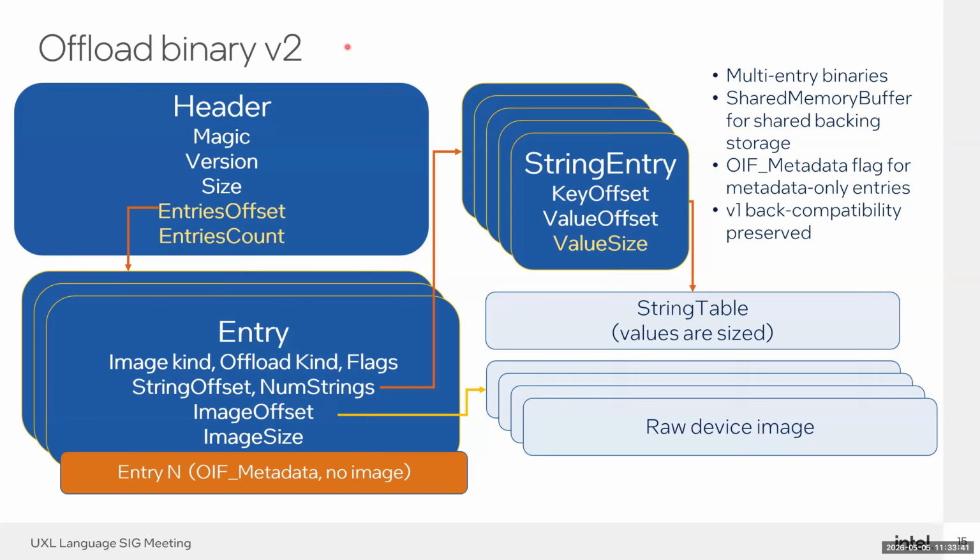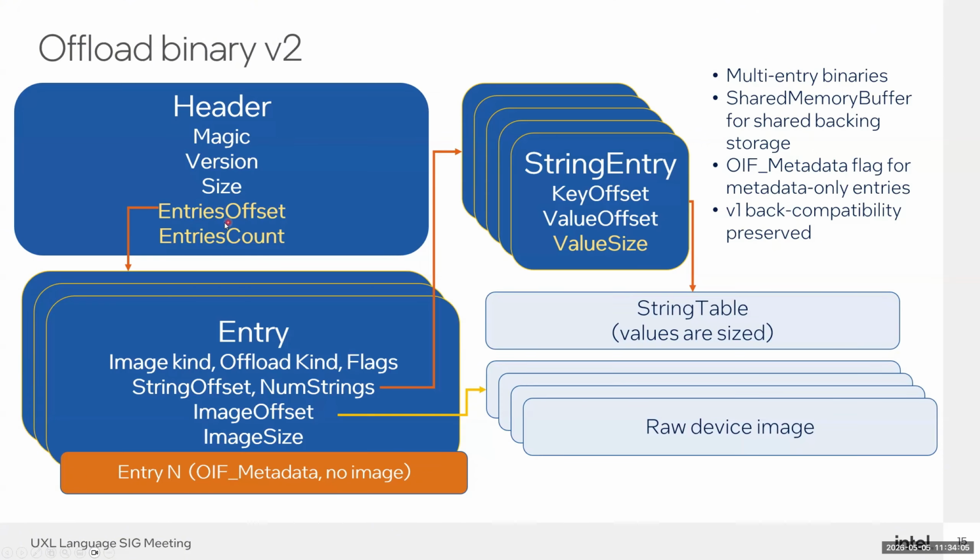So offload binary version 1 is still readable by LLVM, but now it produces offload binary version 2 when it serializes binaries. What we modified is we updated header fields.